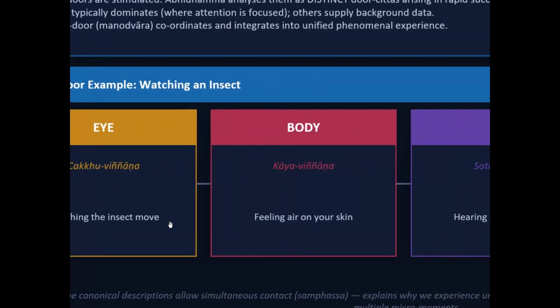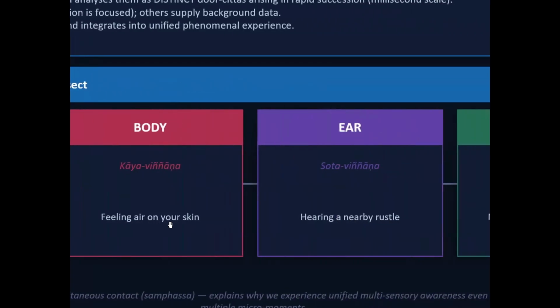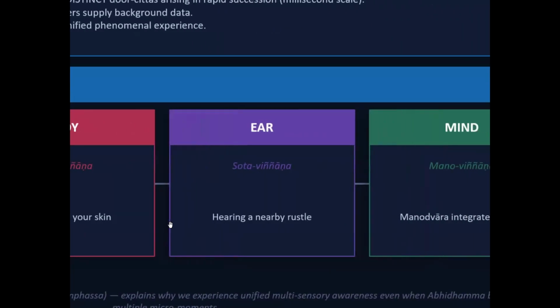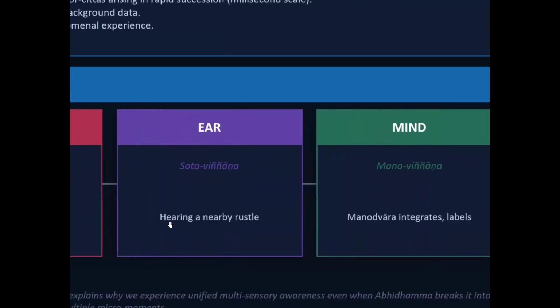When the insect flies through, you can feel the air contact with your skin. Then your ear, when the insect is buzzing, you can hear the buzzing sound. So all three doors are open. Then finally the mind, mano viññāṇa, the mano dvāra, integrates and labels them.